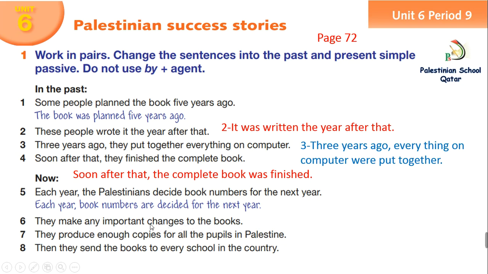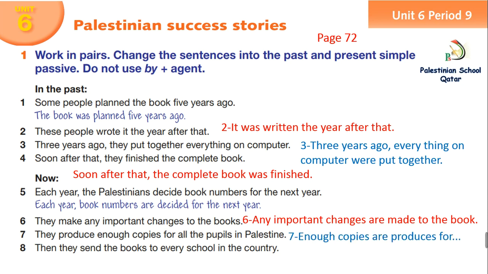So it becomes any important changes are made to the book. Number 7, they produce enough copies for all the pupils in Palestine. Where is the verb? Produce. Produce what? Enough copies. Enough copies are produced for all the pupils in Palestine.